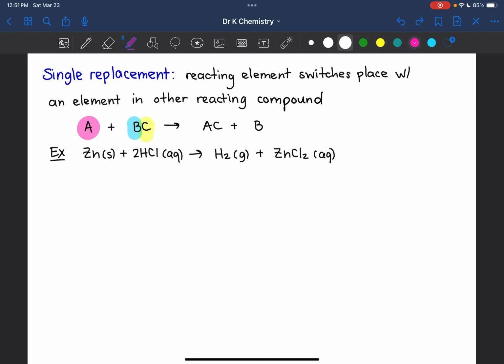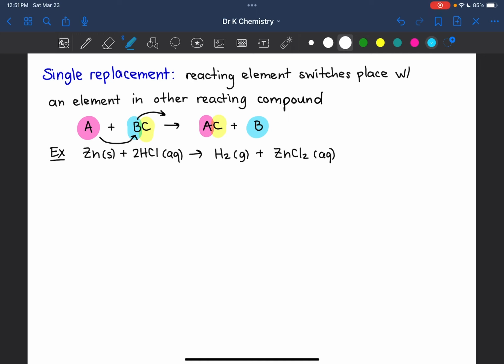And what's going to happen is that A is going to come in and kick out one of these reactants. So you can see how in the products it displaced B and formed a compound with C. And now B goes off to be by itself. That is a single replacement reaction, where one reacting element comes in and displaces something else.